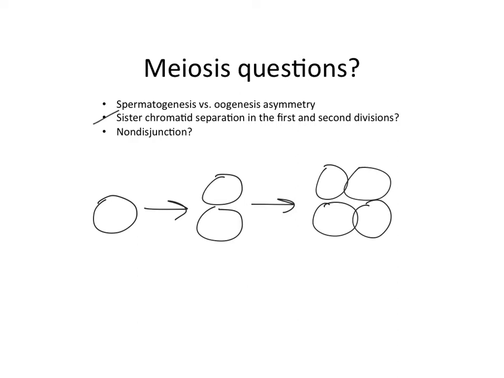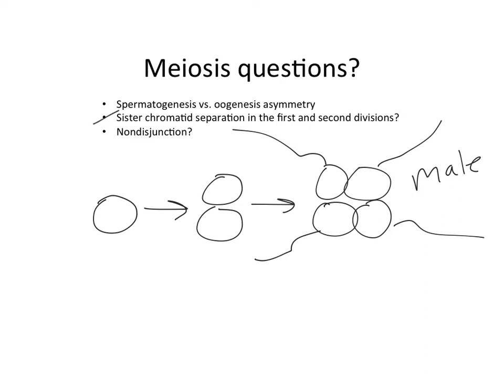I'm drawing 4 cells that are haploid, and how did I draw them relative to each other? Same size. Right? So when I think meiosis, I think 1 cell divides in half, and then those cells divide in half, and you get 4 equally sized gametes. That's male meiosis, where each of those things, if you're a mammal, gets a flagellum, and then goes out in search of an egg. Or dies waiting for the chance.